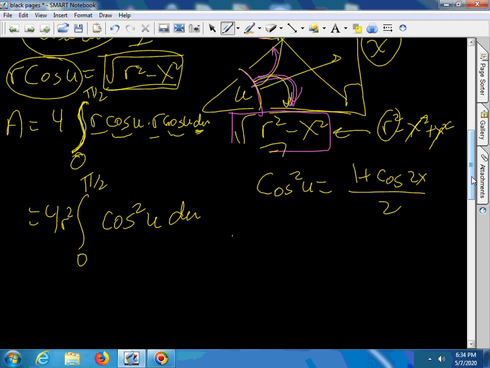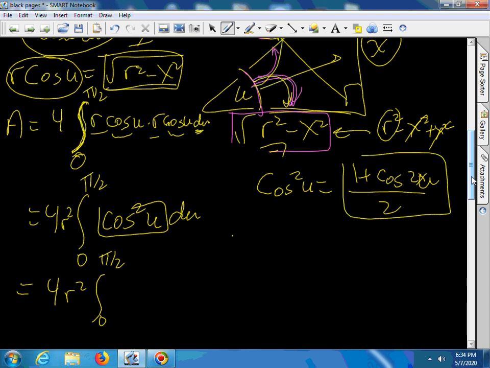So I could substitute. This is equal to 4r squared from 0 to pi over 2 of cosine squared u, which I'm going to write that way, 1 plus cosine 2u over 2 times du.